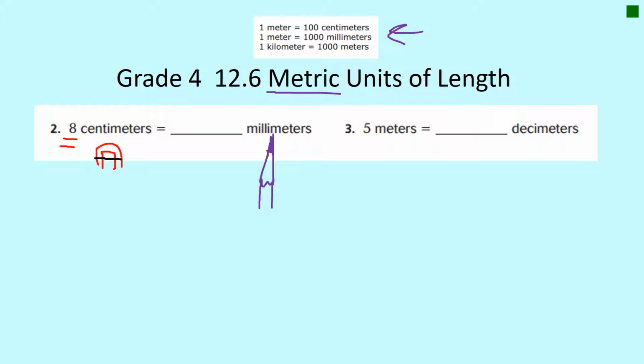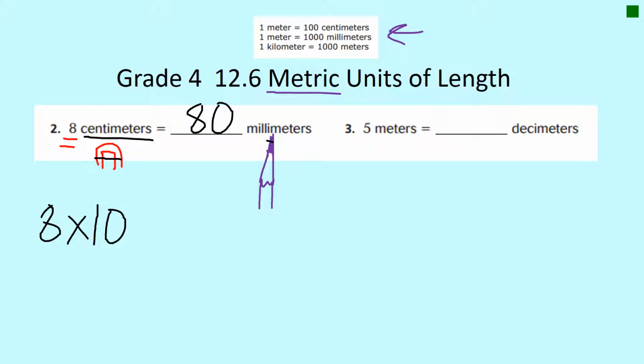A millimeter is so small. It's only as wide as the top of your pencil point. All right, so I'm going to tell you there are 10 millimeters in each centimeter. So there are 10 millimeters per centimeter. So if you have 8 centimeters, you have 8 sets of 10 millimeters. So you have 80 millimeters.